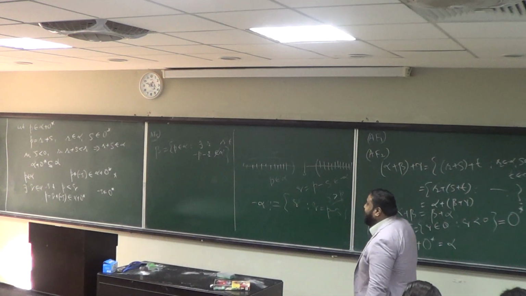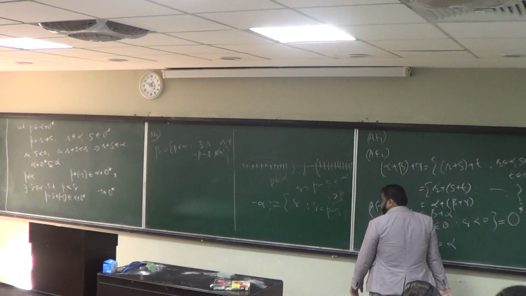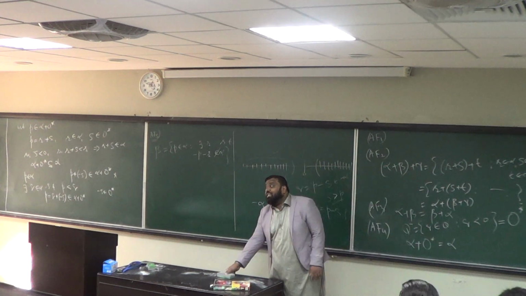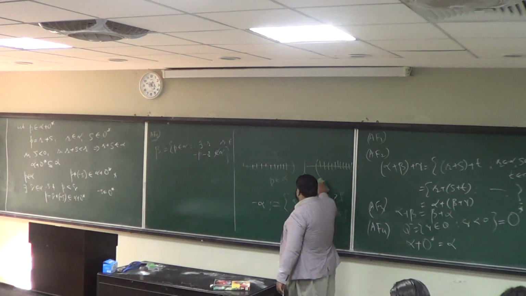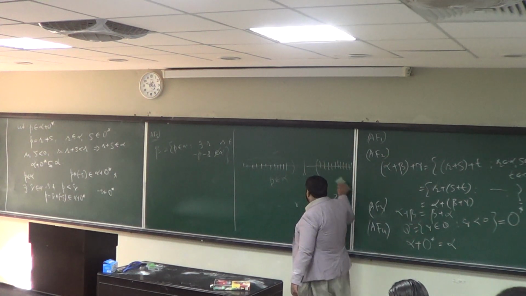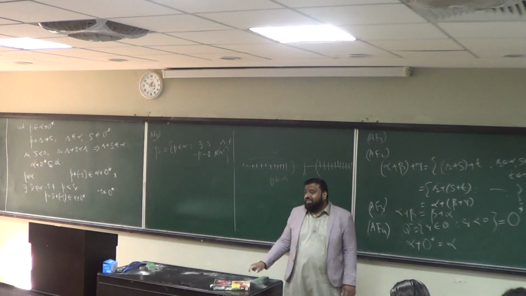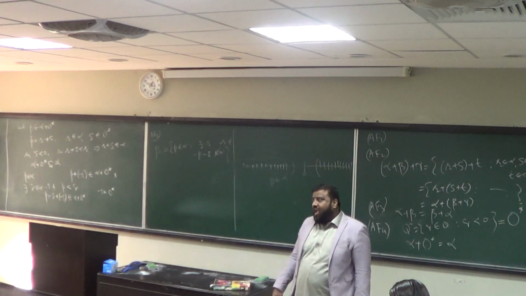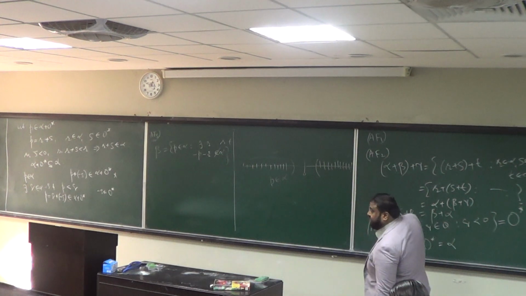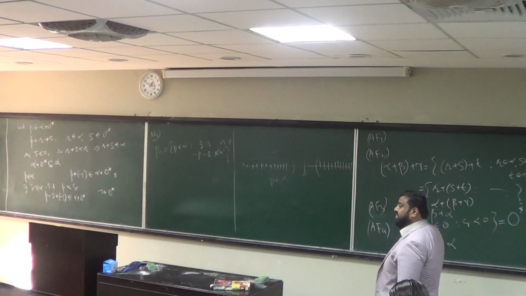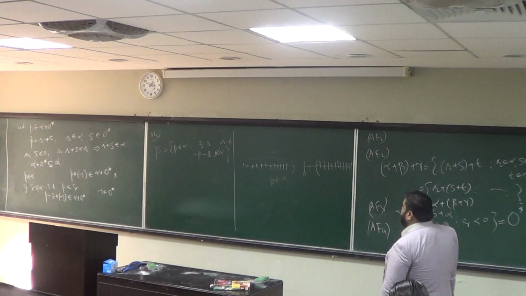If I make a picture, how should this picture look? R is something that depends on your choice of p. My claim is that yes, we can always find r.